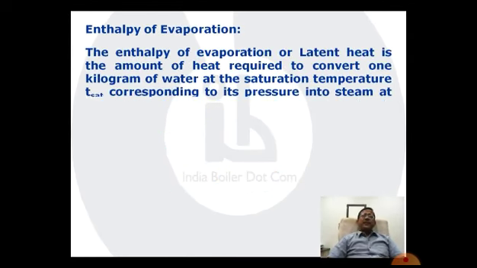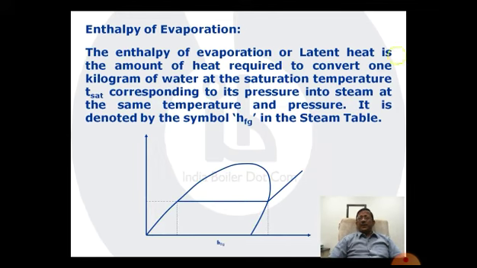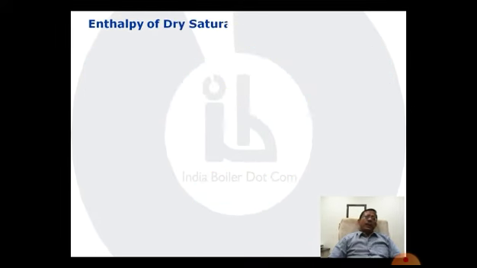Now, specific enthalpy of evaporation is the part of heat which is added after the saturation temperature is reached, right? And the conversion is taking place from here to here, right? This part is again found from the steam table and denoted by HFG.